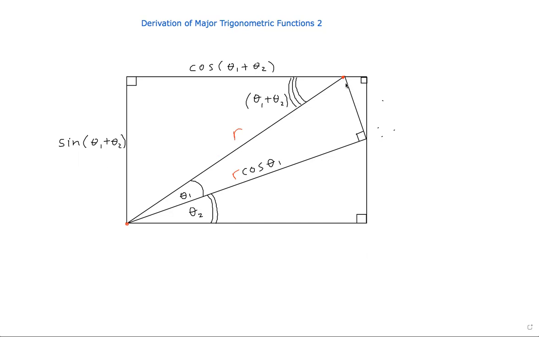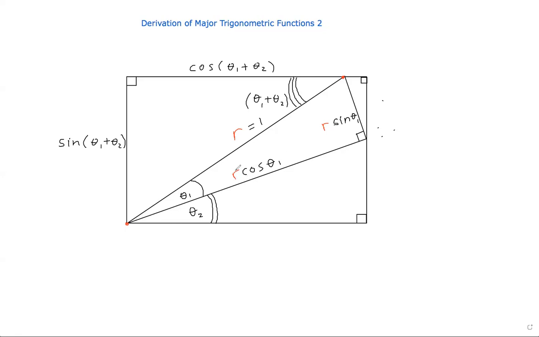And the opposite side here is equal to R times the sine of theta 1. Now, since we're going to set R equal to 1, this just becomes the cosine of theta 1, and this becomes the sine of theta 1.